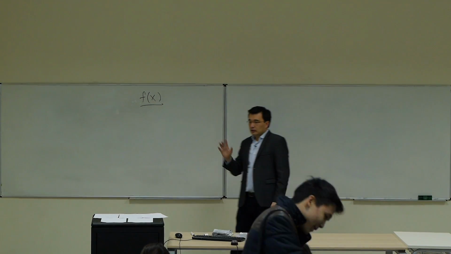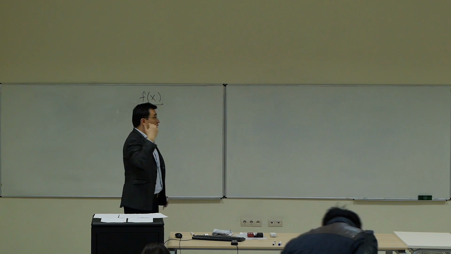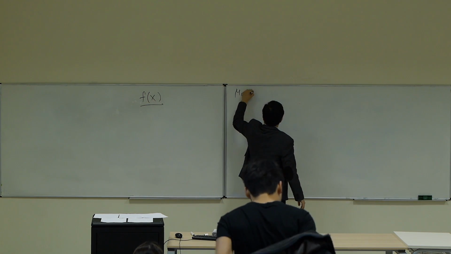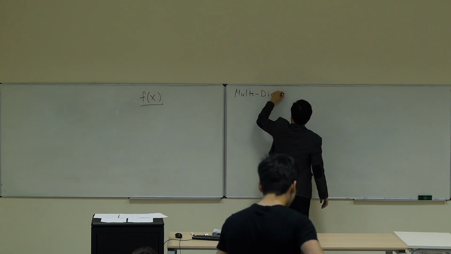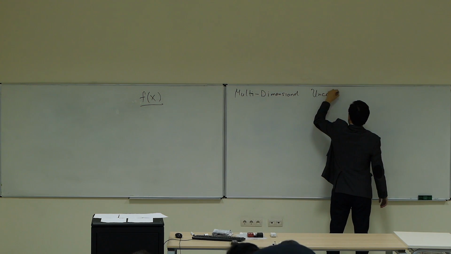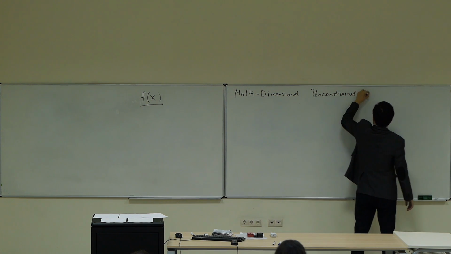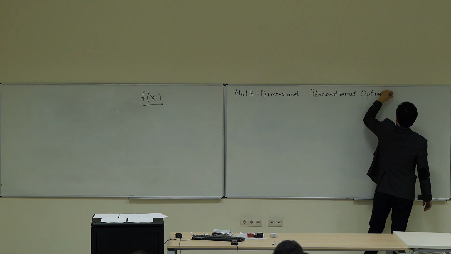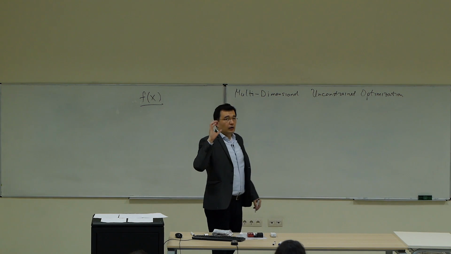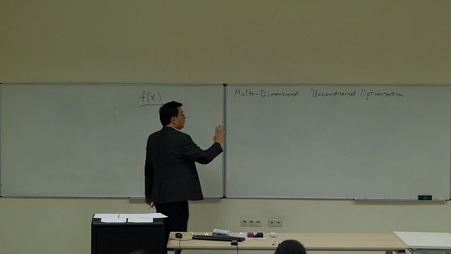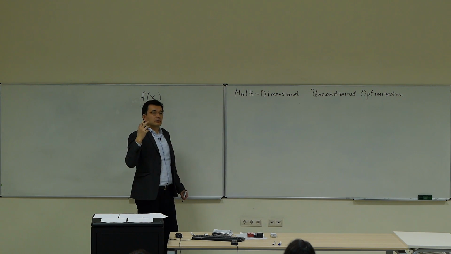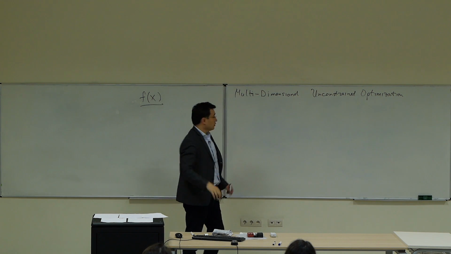All right, so today let's move forward and look at multidimensional unconstrained optimization. To be specific, the methods which I'm going to talk about I will discuss in the case of two-dimensional functions.